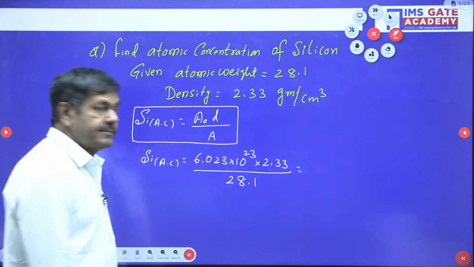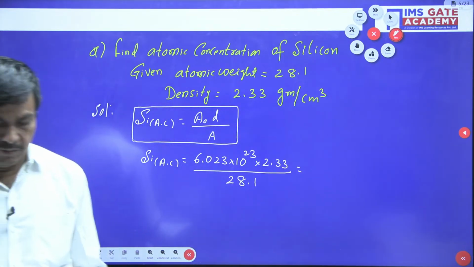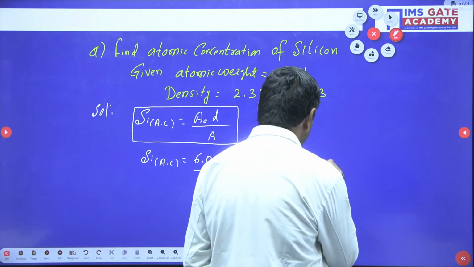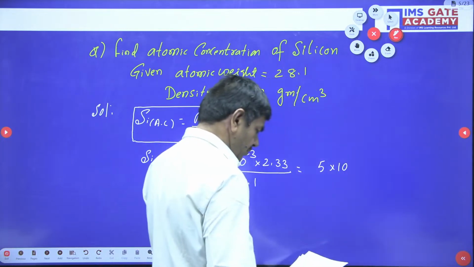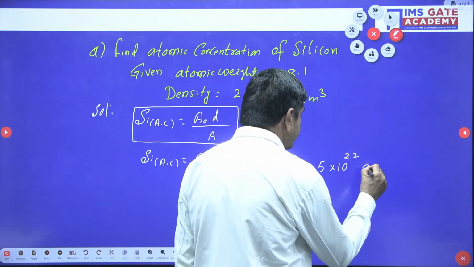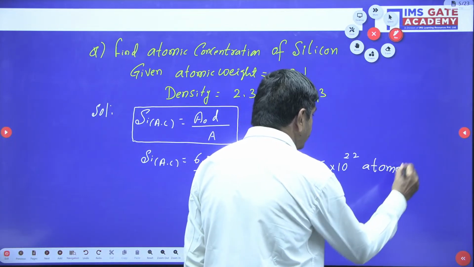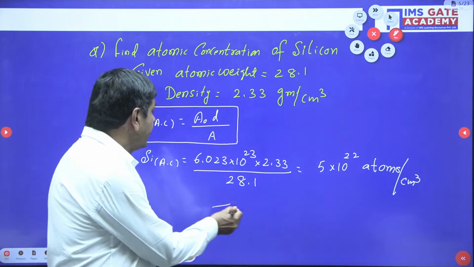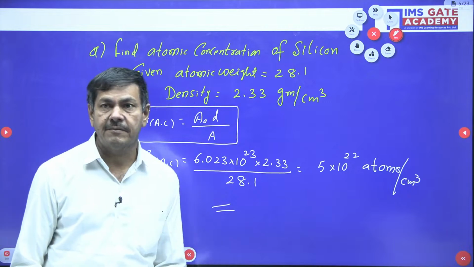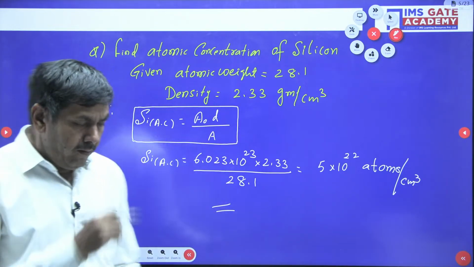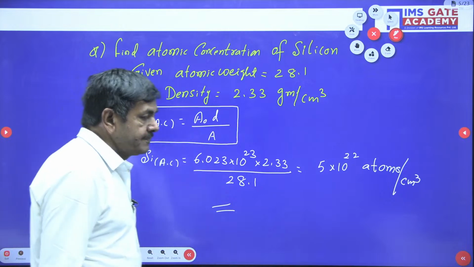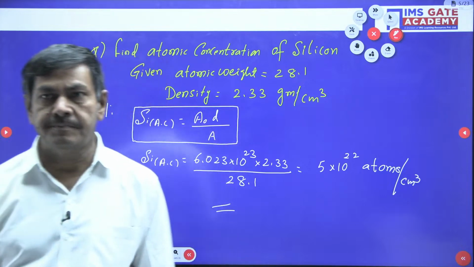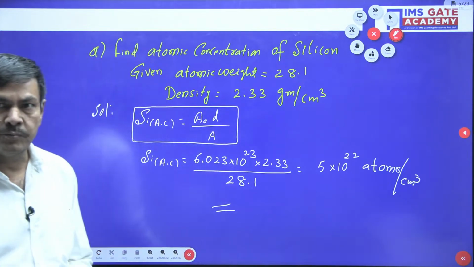If you use the calculator, you will get 5 into 10 power 22 atoms per cm cube. Like that, you can determine the atomic concentration of silicon. As I said already, atomic concentration will be useful to find the concentration. How to get that concentration, I will show with one problem.